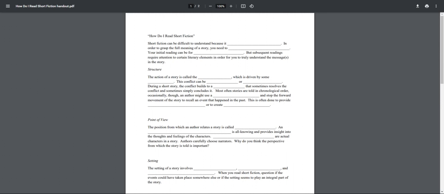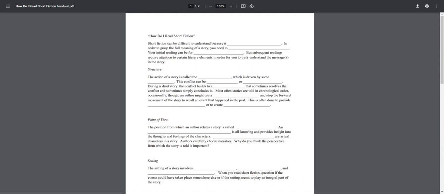And there may be more than one conflict. But look for the conflict in every storyline. Conflict will build as the story unfolds to what's called a climax. Sometimes there is resolution of the conflict, and sometimes it just ends and there is no resolution.